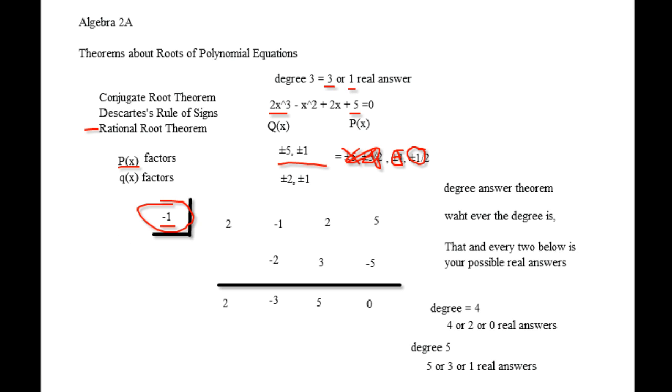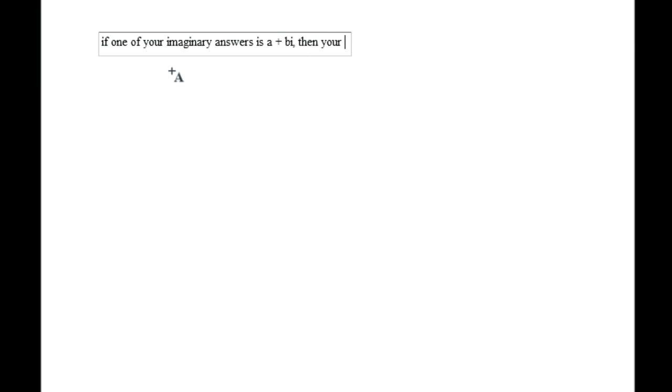Now, the conjugate root theorem is: if one of your imaginary answers is a plus bi, then your other complementary imaginary answer is a minus bi.